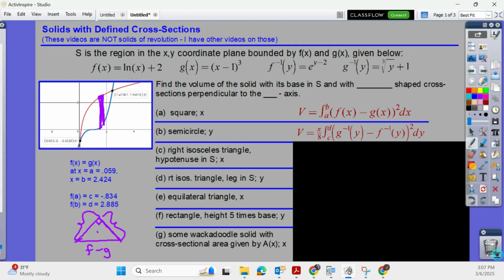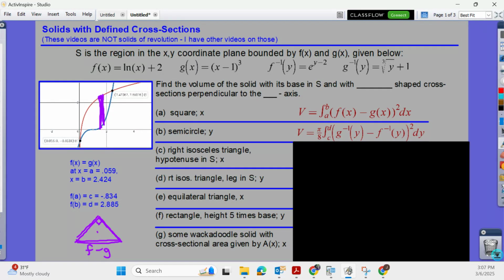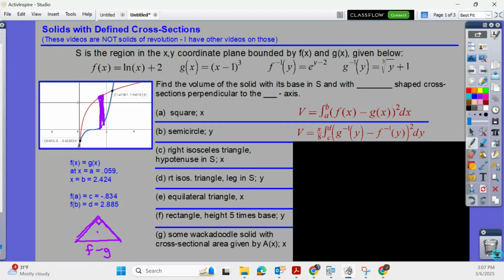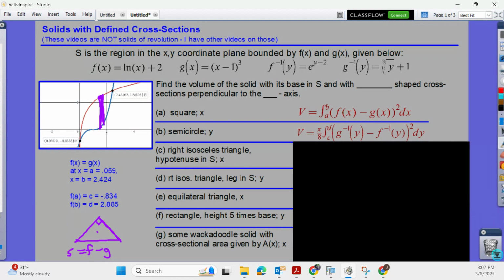On a right isosceles triangle, you should know if you're in calculus class that the side ratios, you probably learned them as x, x, and x radical 2. What that means is, or maybe s, s, and s radical 2, if I call that hypotenuse, f minus g, s, then these legs are s divided by the square root of 2.